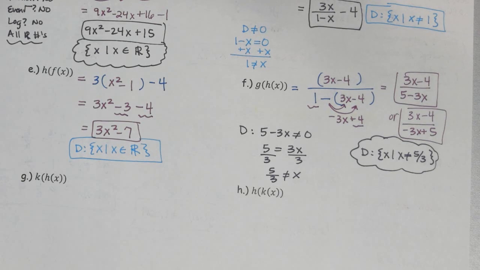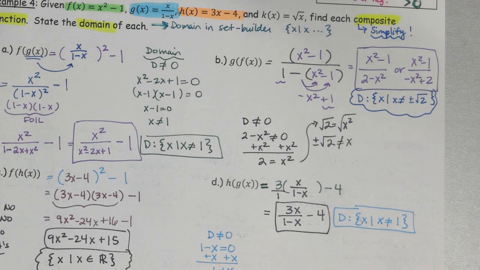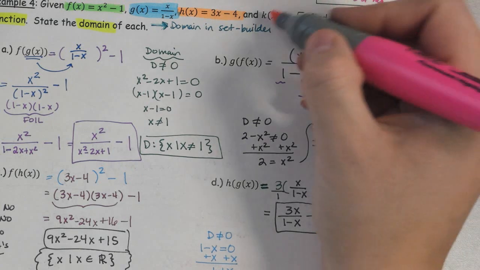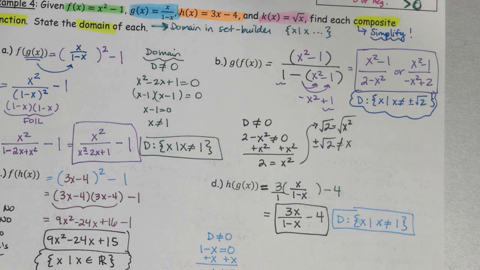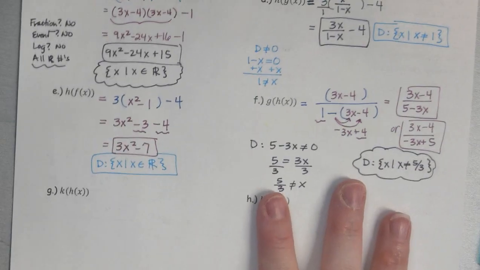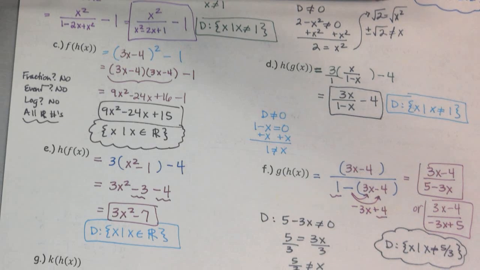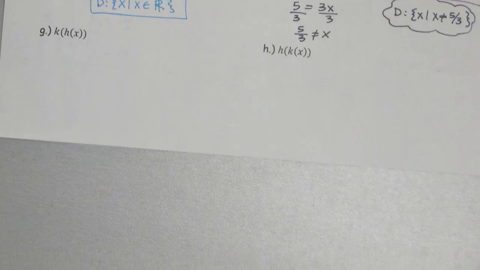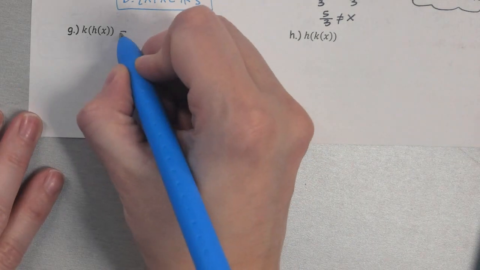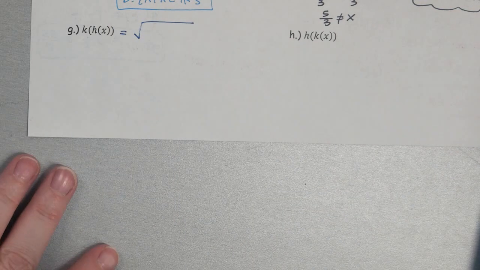Yeah, so the last two have to do with k of x. Okay? K of x is the square root of x. So for the first one, k of x is on the outside. Because it's just the square root of x, when you plug this in, it's the square root of, and then instead of x, we're going to plug in h of x.